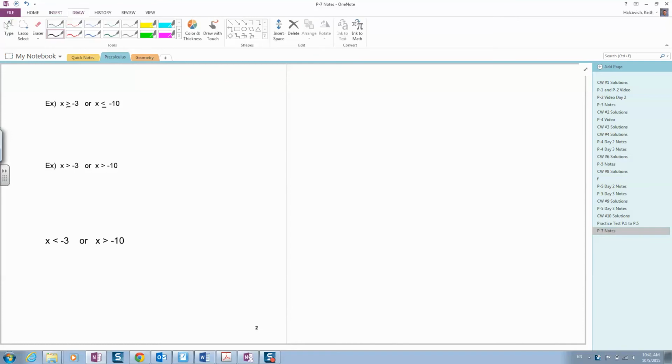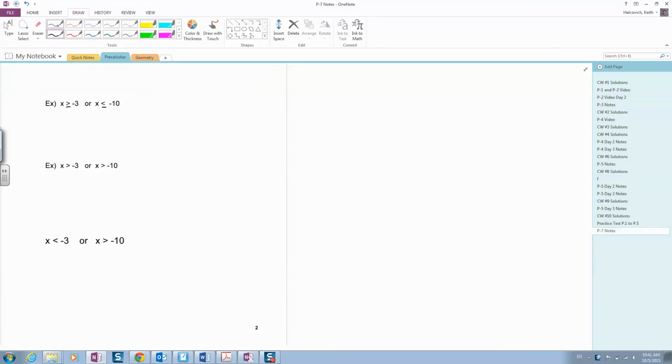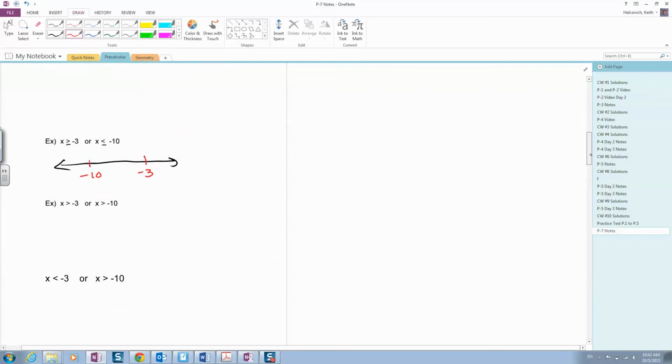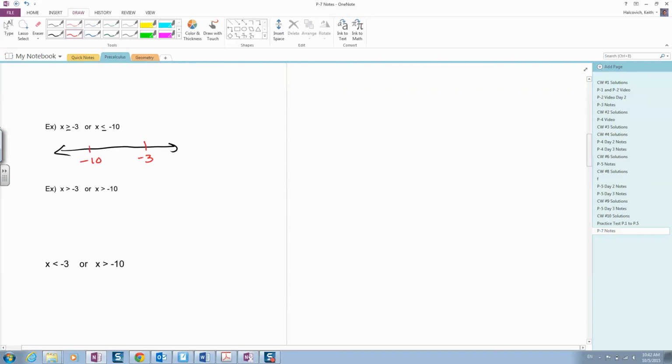So we have x is greater than or equal to -3, or x is less than or equal to -10. -10 is here, -3 is there. Now here's where it might help you to have colored pencils.